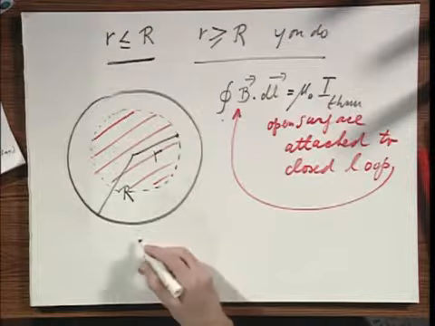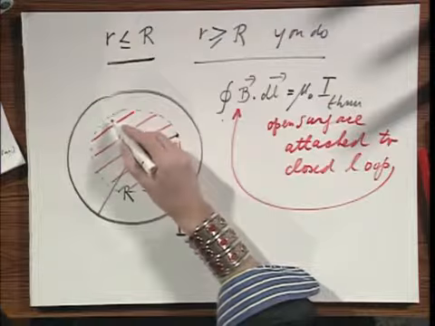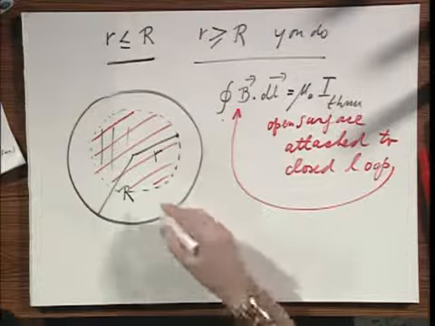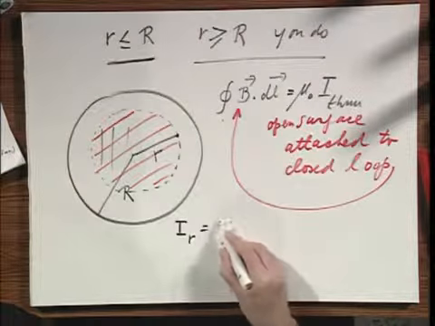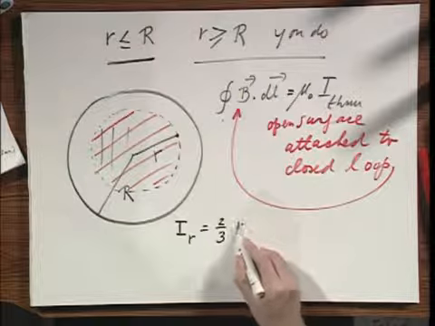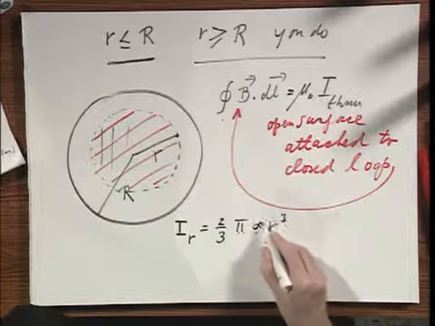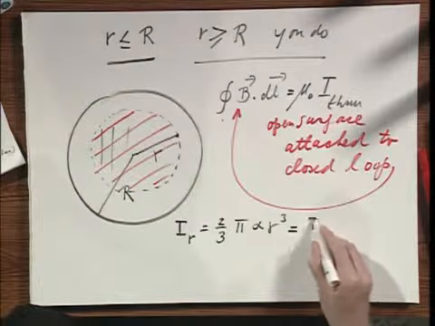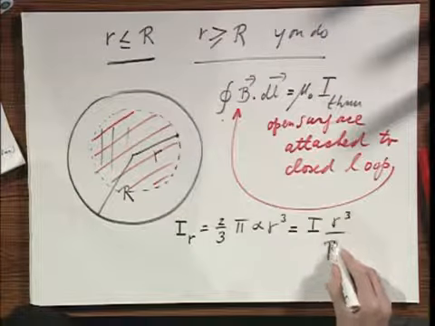And so the current I that goes through this area, up to radius little r, immediately follows from what we just did: alpha r cubed, and alpha is also the same as I total, divided by capital R cubed.